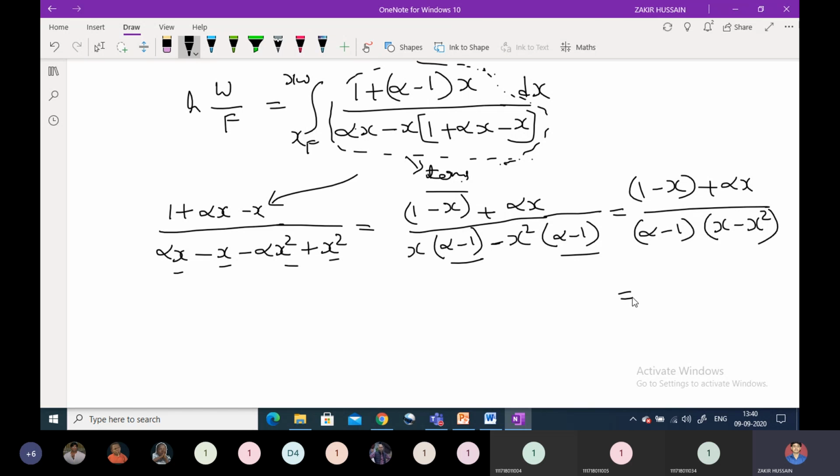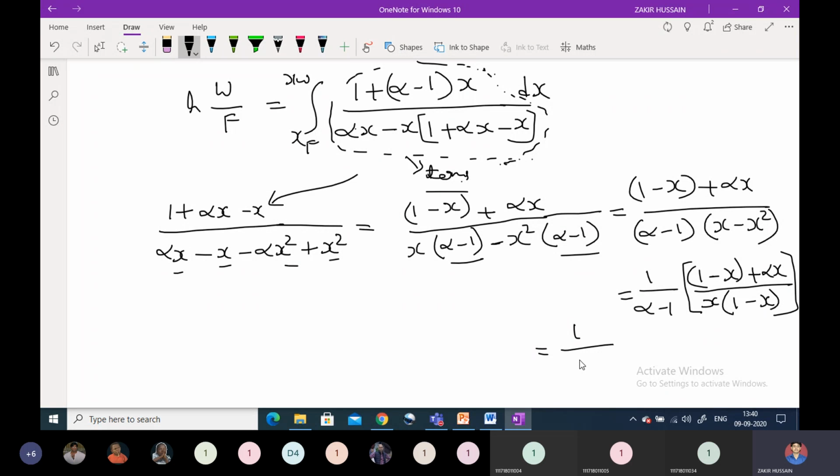So if you see this one, we can write 1 by alpha minus 1 outside, this one we will take outside. Then whatever the values are there, 1 minus x plus alpha x divided by this x minus x square, we can write like this, 1 minus x into 1 minus x.